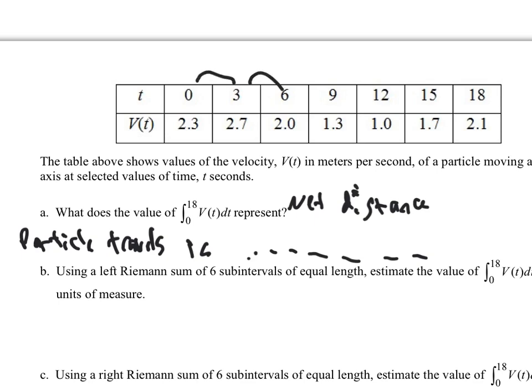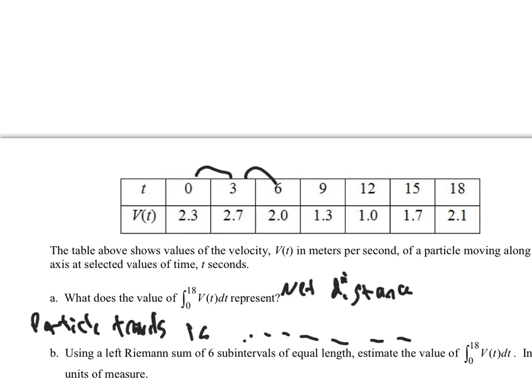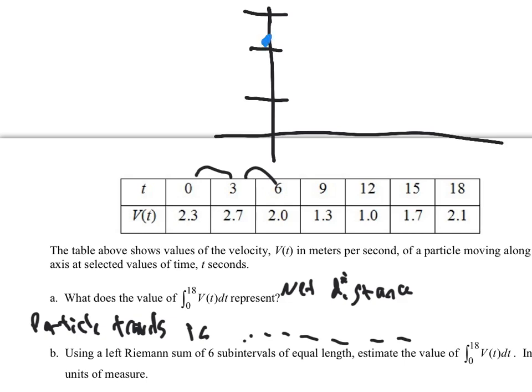So you'd have to be doing this as ordered pairs that were graphed, and it would look something like this. 0, 1, 2, 3, and 0 to 2.3 would be about here, and 3, 1, 2, 3 goes up to 2.7.